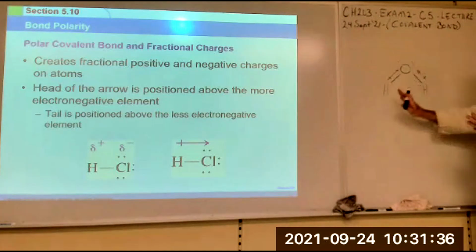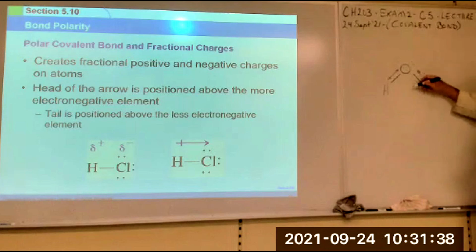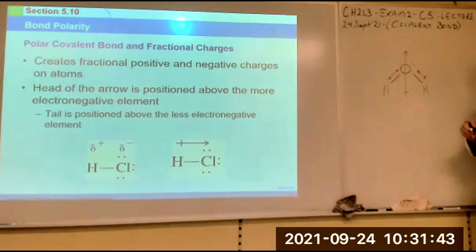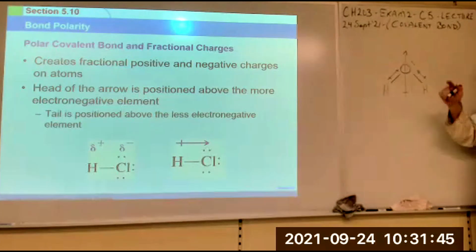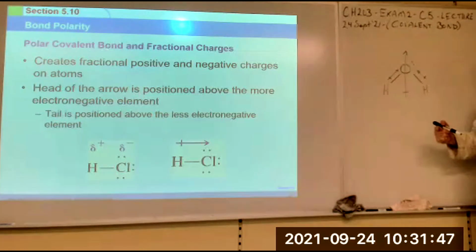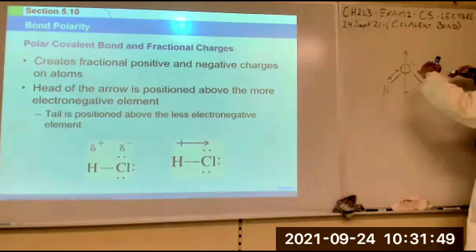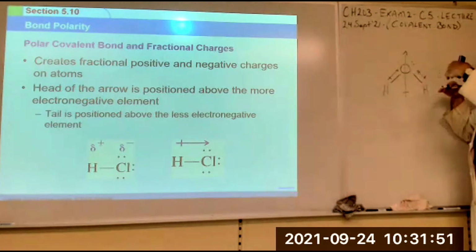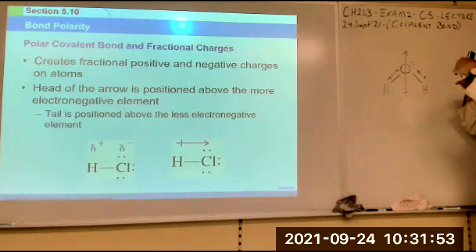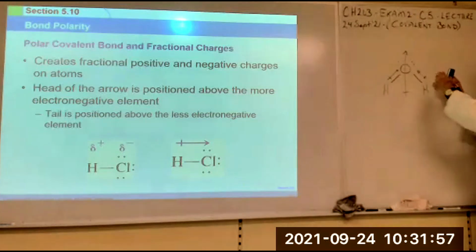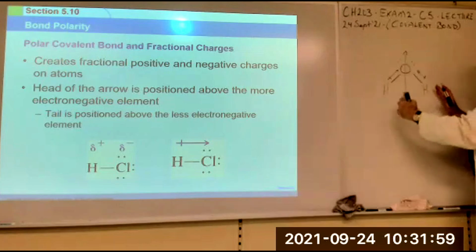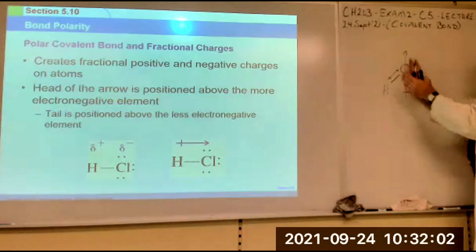So when we add these two together, we get an overall polarity of the molecule in that direction because of the shape. If it were linear, then they would cancel one another out. Right? They'd both be opposite one another. But since they're bent, now we get a vector summation that's going in that direction.